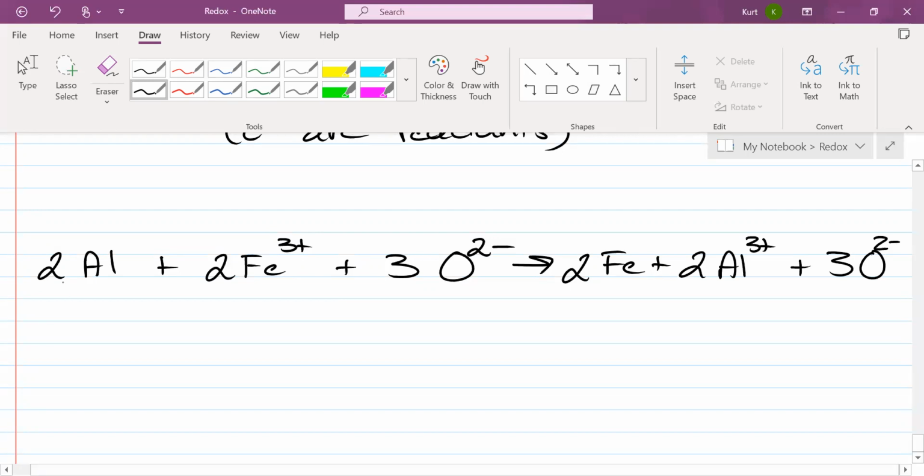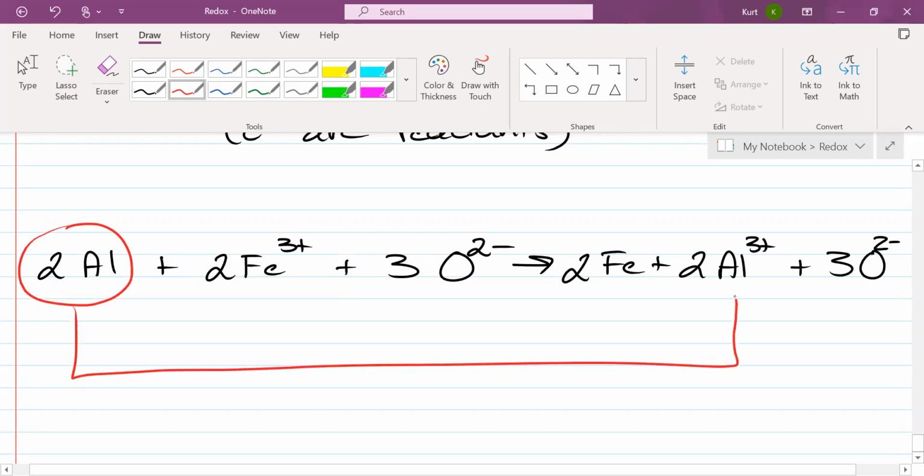Let's start with aluminum, okay? What is the charge of aluminum way over here on the left? You can say positive, you can say negative, you can say neutral. It is neutral. What is the charge of aluminum over on the product side?